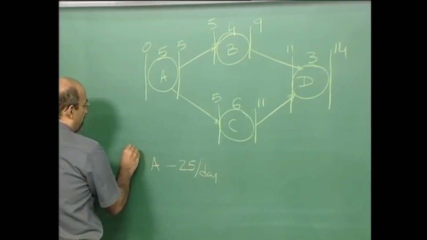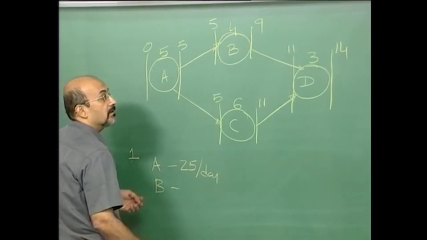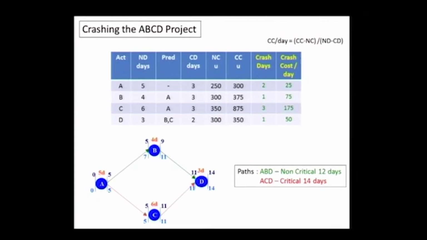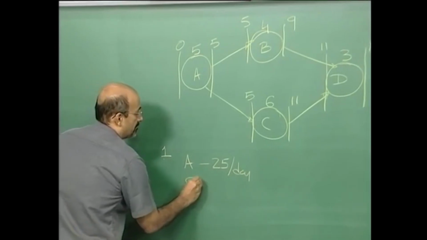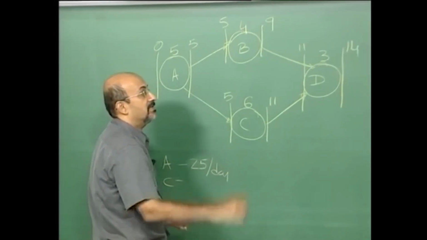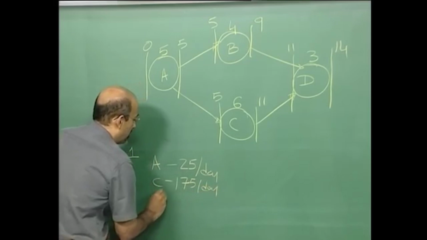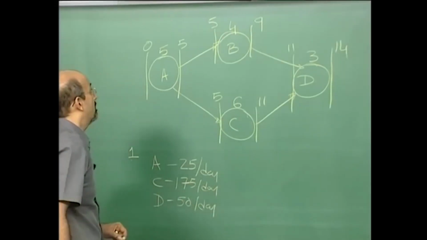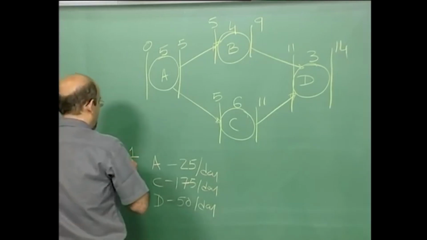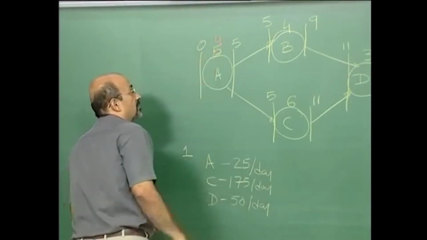In my first step I have A at 25. B: should I use B at all? No, I do not even want to use B because B is not on the critical path. C is 175 per day, and D is 50 per day. What would I choose? I will choose to crash A, taking it down to 4 days.